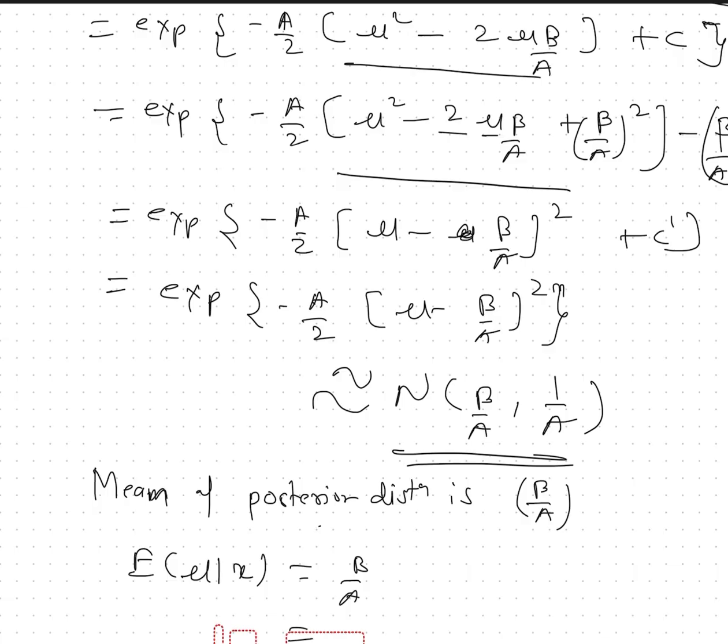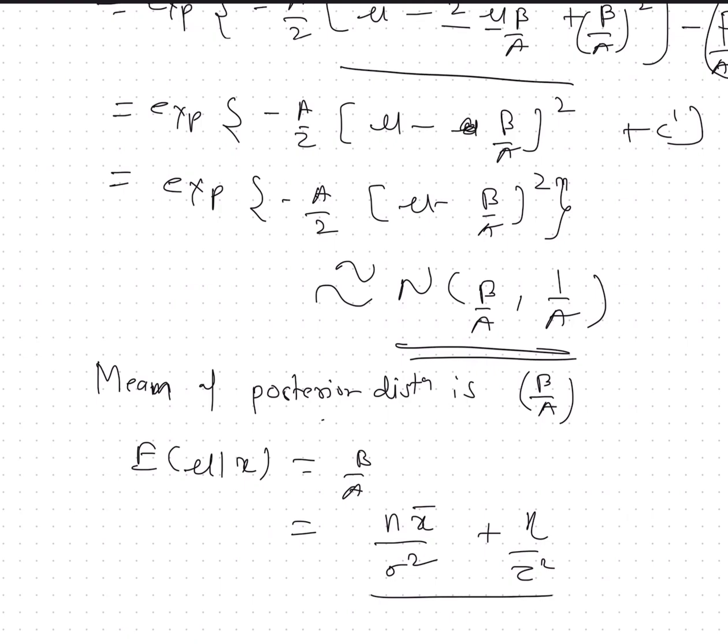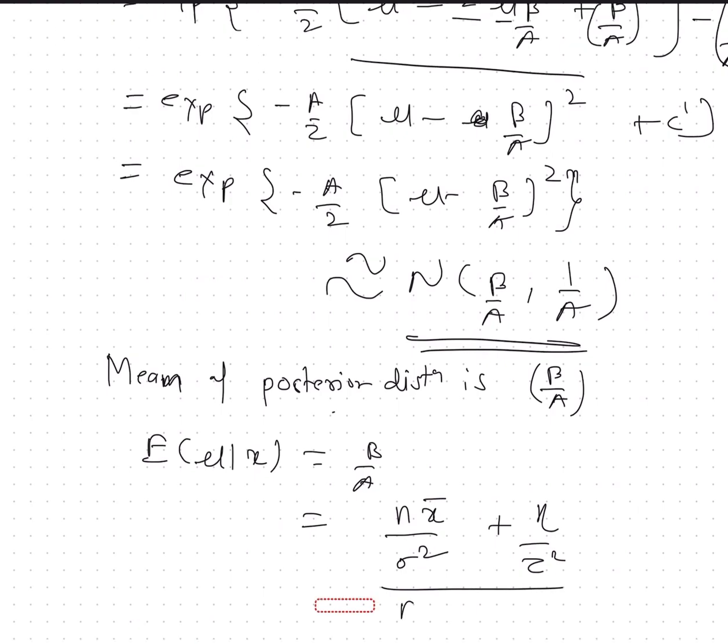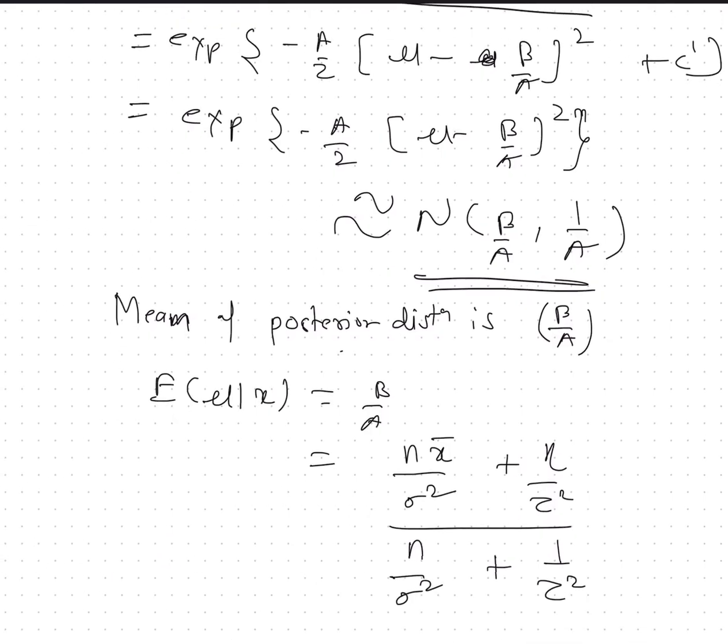Now we know our b, so our b is n into x bar upon sigma square plus eta upon tau square. In the denominator we have n upon sigma square plus 1 upon tau square.